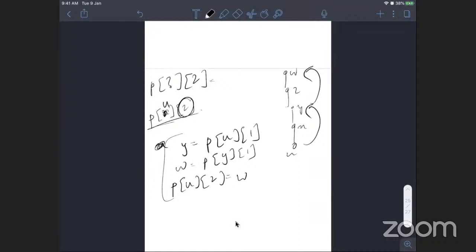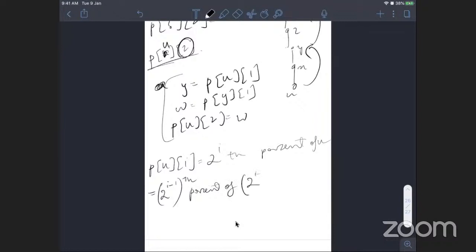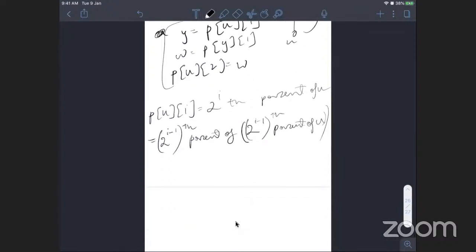That's the simplest explanation. So in general, P U I is equal to 2 to the power ith parent of U, which is equal to 2 to the power I minus 1 parent of 2 to the power I minus 1 parent of U. That's a slightly complicated way of writing it, but that's the correct way.